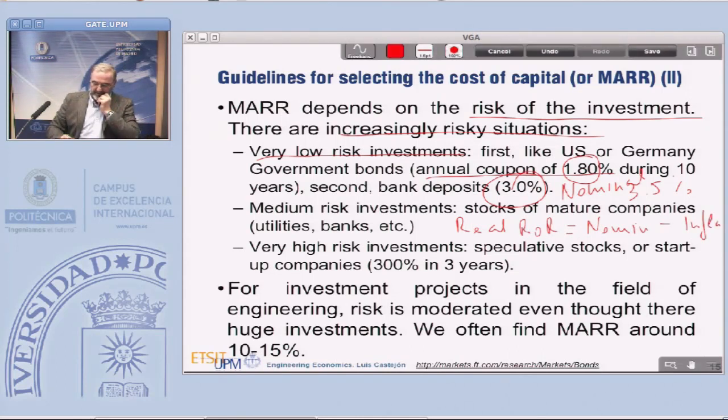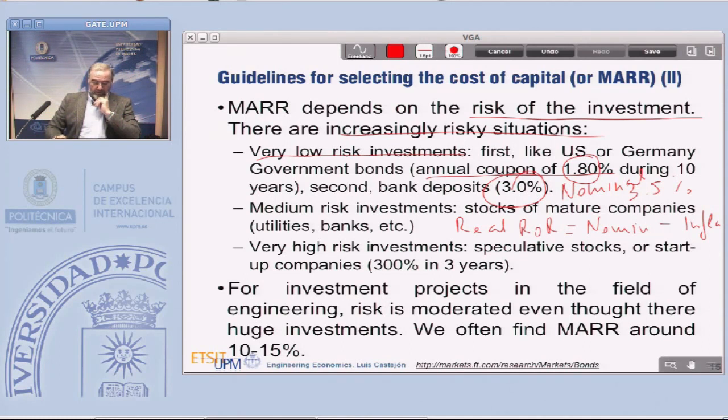So if the inflation is 3.5, every year your money is losing. You are losing your capital, because every year, for example, in a bank deposit of 3%, you are losing 0.5 of your principal.